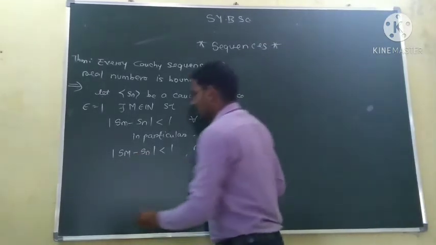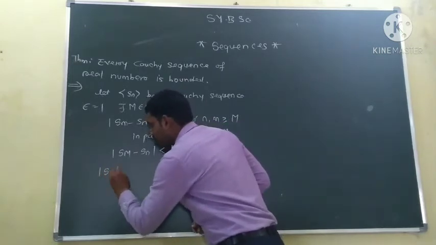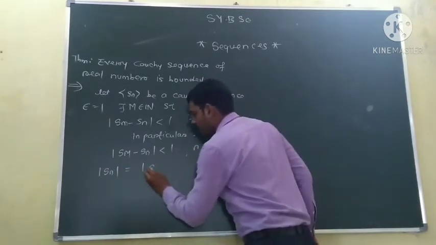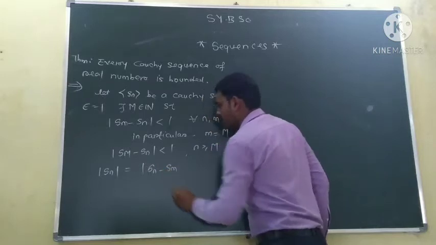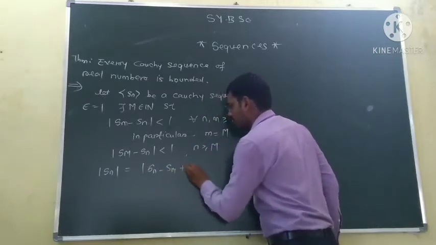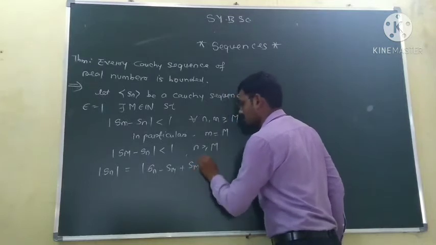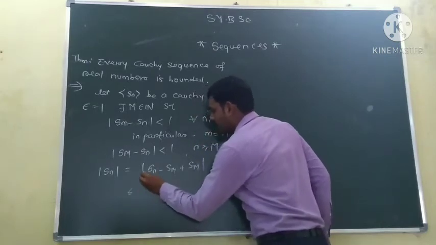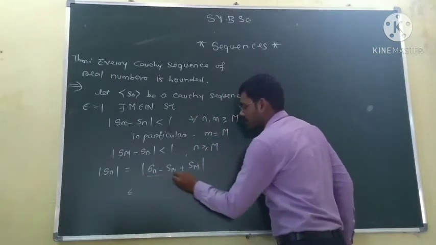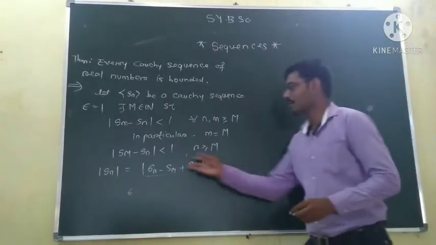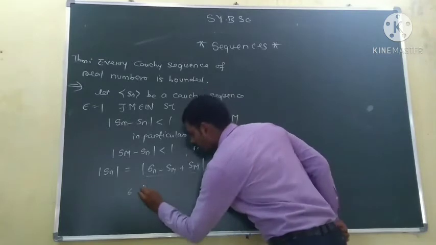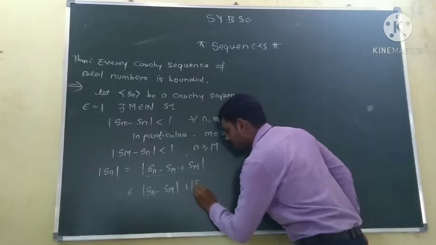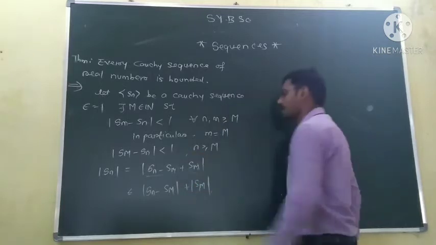Now we can write the mod of Sn as the mod of Sn minus SM plus SM. Now we can use the triangle inequality. So this is A, this is B. The mod of A plus B is always less than or equal to mod A plus mod B. So this is less than or equal to the mod of Sn minus SM plus the mod of SM.